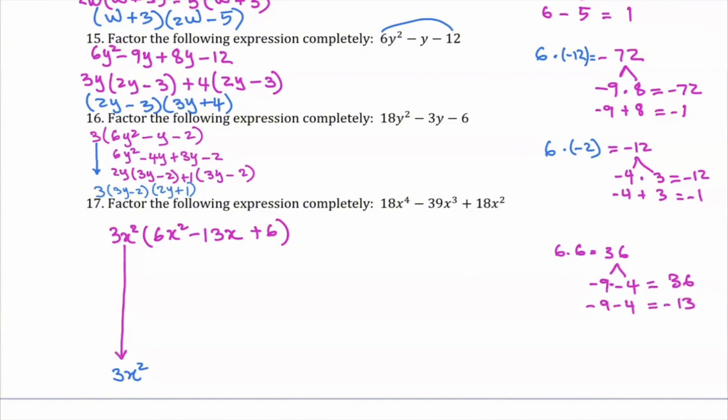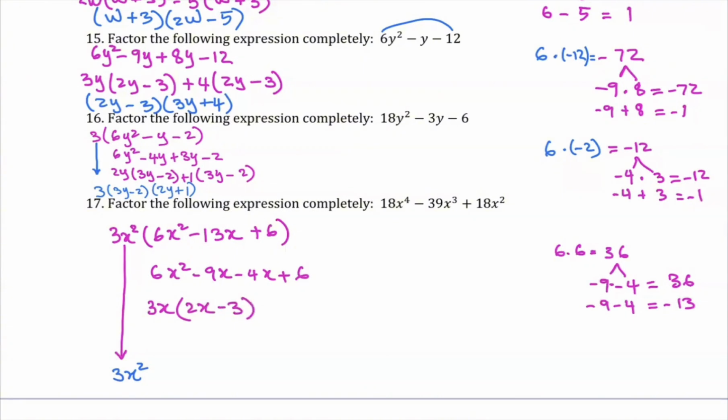So that said, we're going to break this down into 6x squared minus 9x minus 4x plus 6. And then the two groups: the first group is 6x squared minus 9x, and the second group is -4x plus 6. The GCF of the first group would be 3x. When we factor it out, that is 2x minus 3.